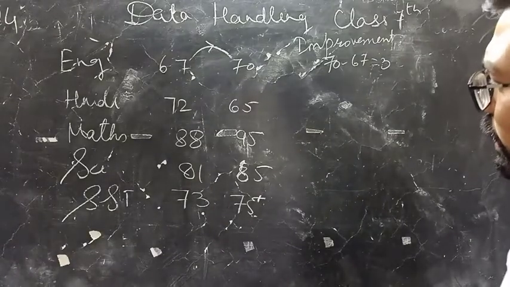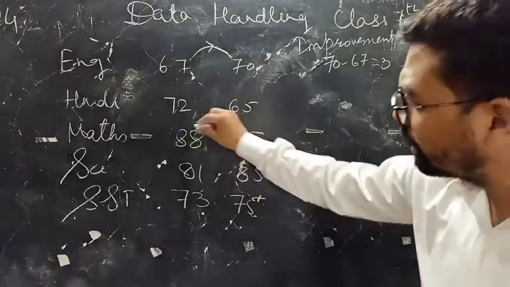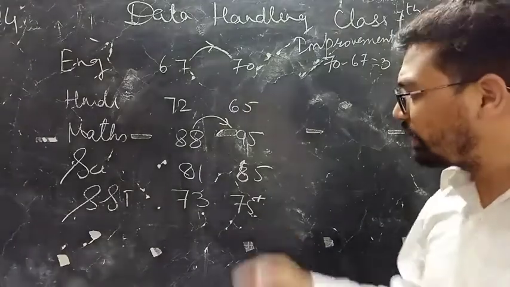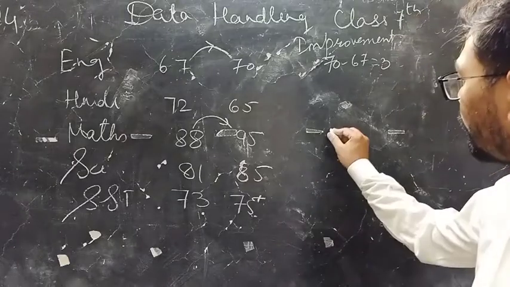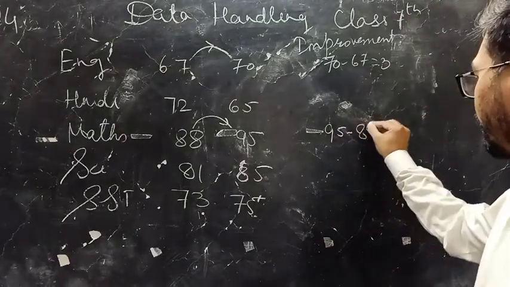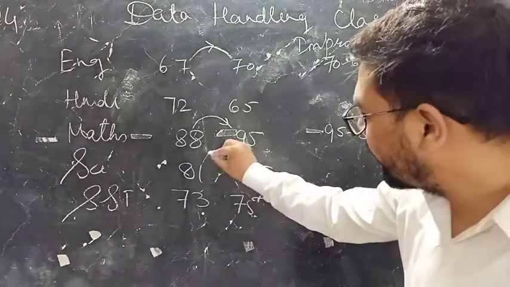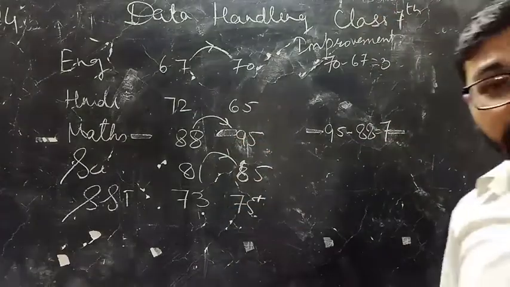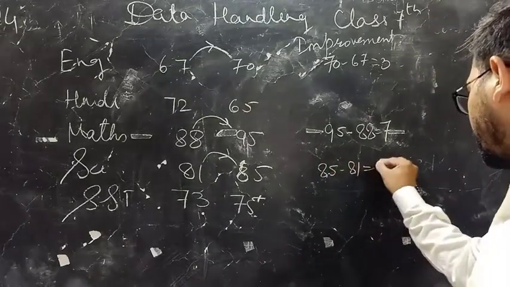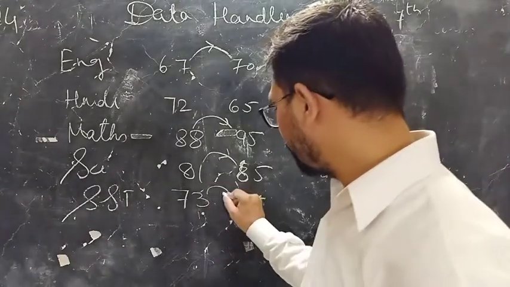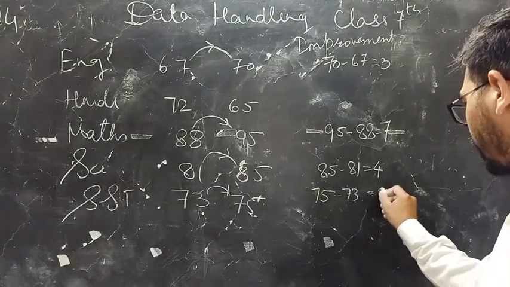In mathematics, he got 88 earlier and then 95, an improvement of 7 marks, 95 minus 88. From 81 to 85 in science, he improved by 4 marks. In SST also he improved by 2 marks, 75 minus 73 equals 2.